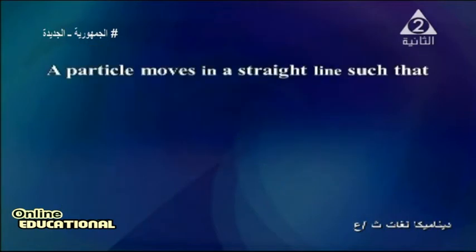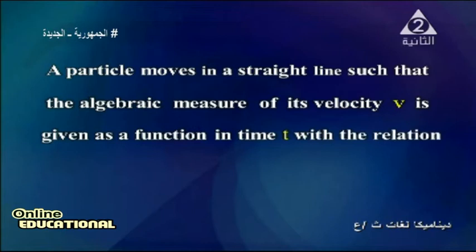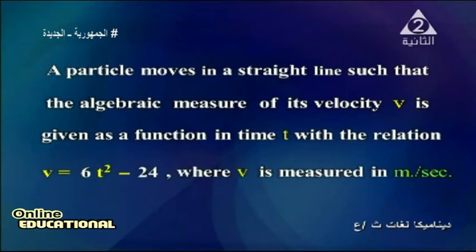Another example. A particle moves in a straight line such that the algebraic measure of its velocity v is given as a function in time t with the relation v equals 6t power 2 minus 24, where v is measured in meter per second.